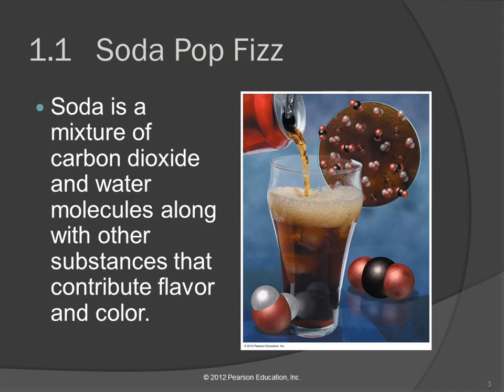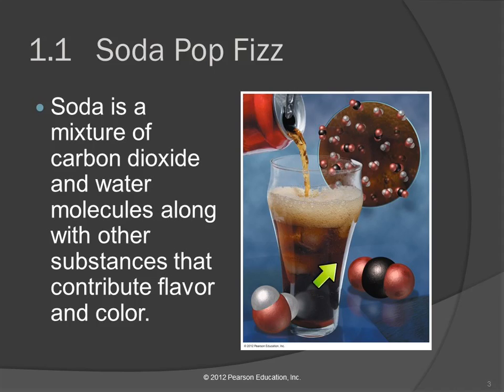So in soda, we have different kinds of molecules. There are carbon dioxide molecules and water molecules, and then there are other molecules that cause it to have that particular color and flavor. So here's a can of red soda, pouring it into a glass.